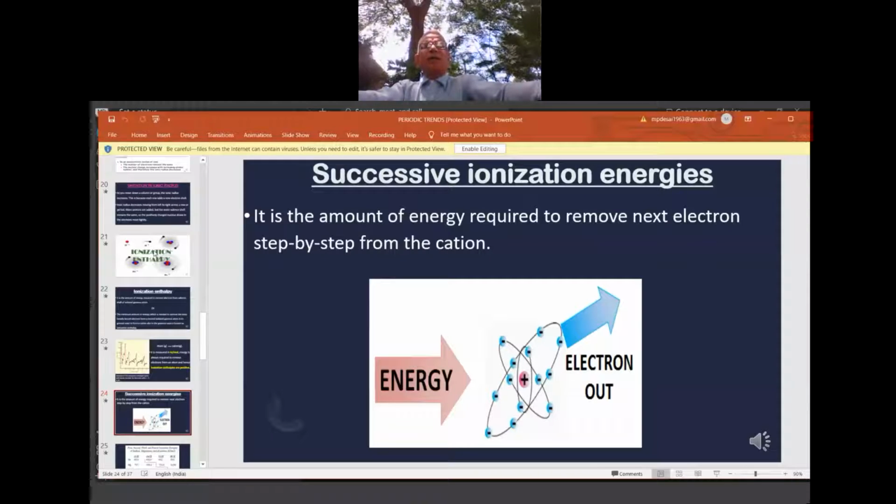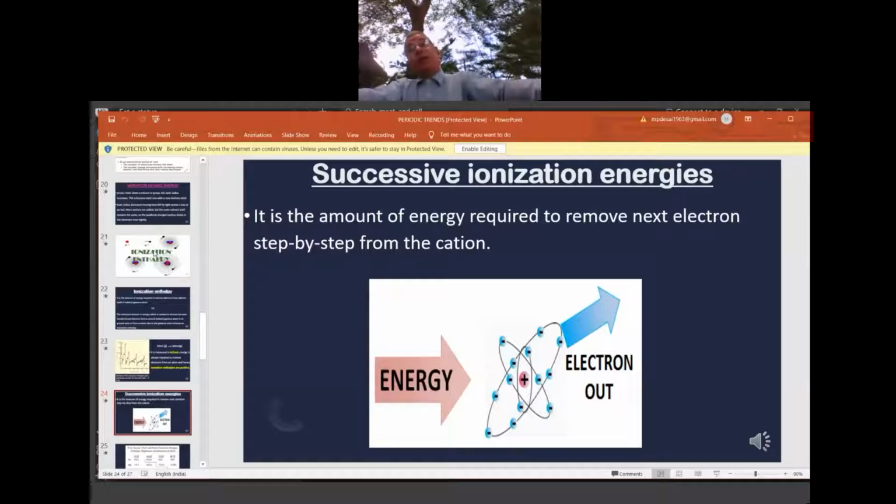Why? When we remove one electron, the atom acquires a positive charge. Now to remove the second electron, it has to come out of the positive atmosphere. Already it was an atom; after removing one electron, it has acquired positive charge. So the negative electron coming out from the positive area is very difficult. It will come out, but difficulty is there. So removal of the second is a little difficult.